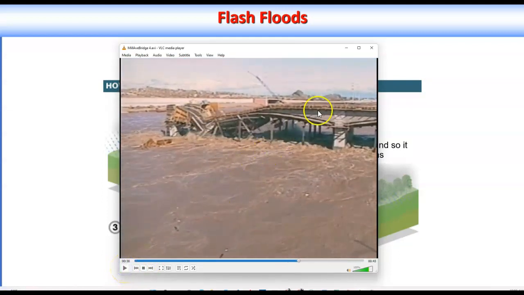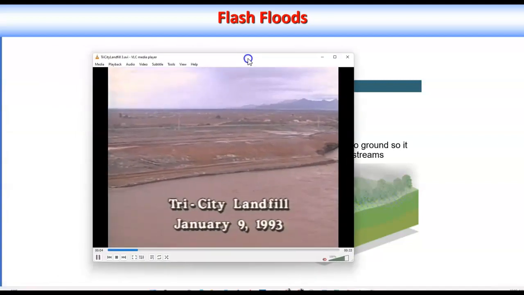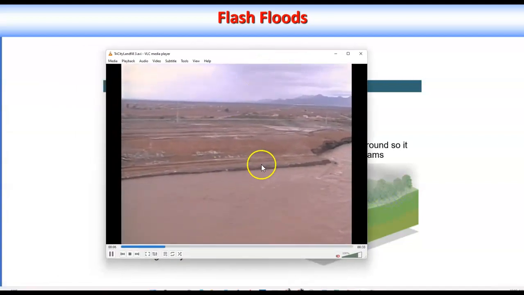The other thing to think about with this particular event that happened in 1993 is that the water flows down the stream, and they're not prepared for it, and there's a landfill.